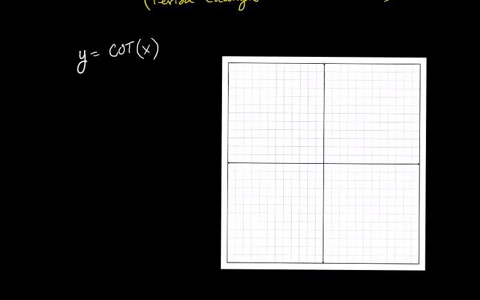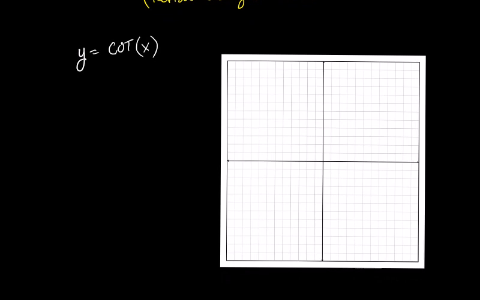So if you remember what a cotangent function looks like, a cotangent function starts at 0 and has a period of pi. So it goes from 0 to pi fourths, pi halves, 3 pi fourths, and then pi.